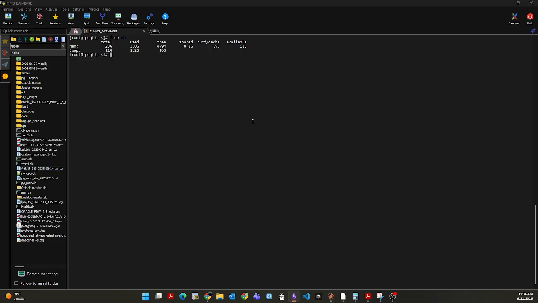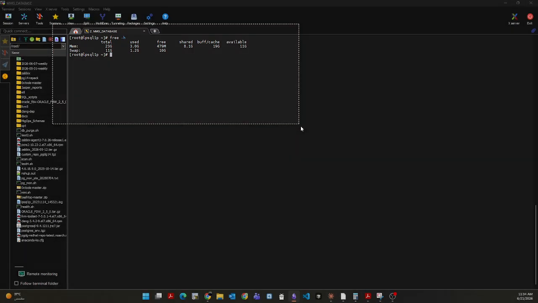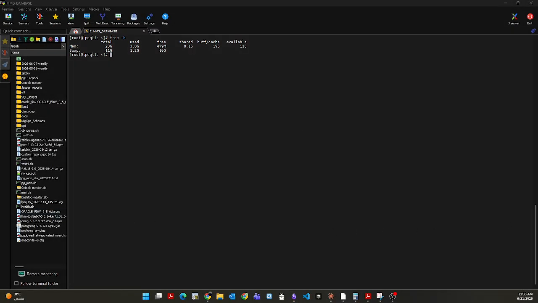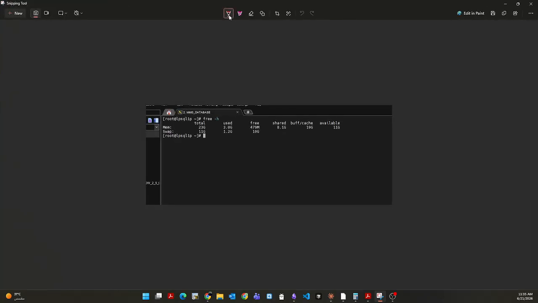As you can see here, let me take a screenshot as usual. This is actually a Postgres database, and I chose it for a reason. I'll show you why.